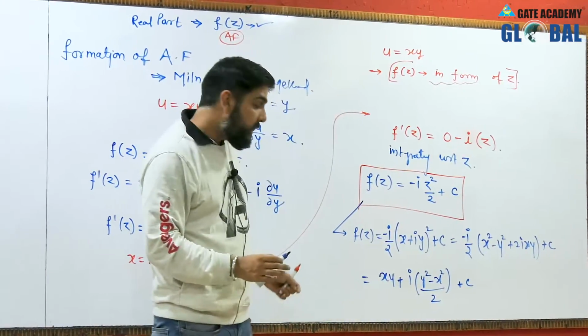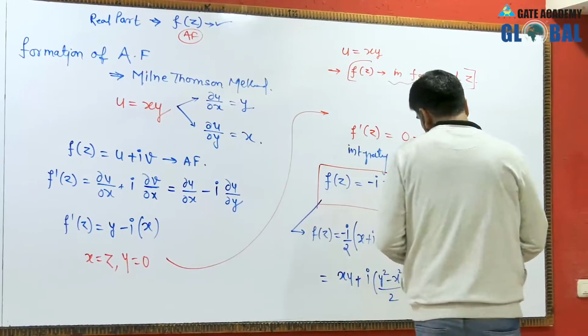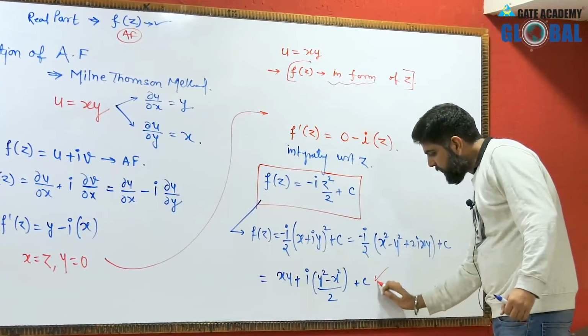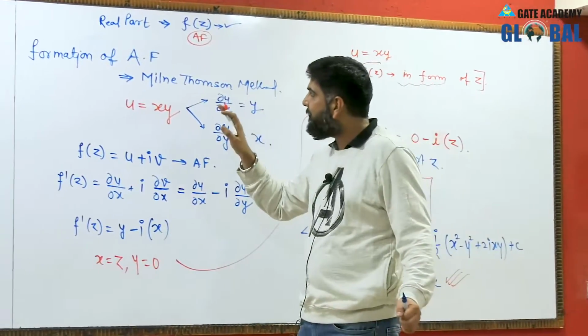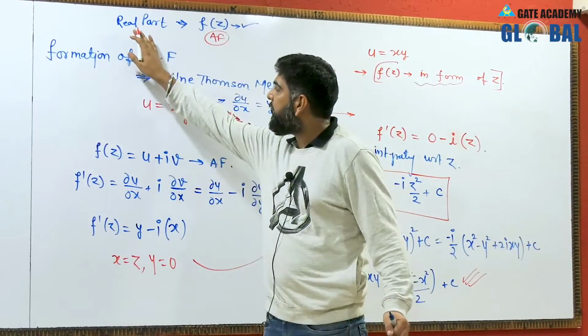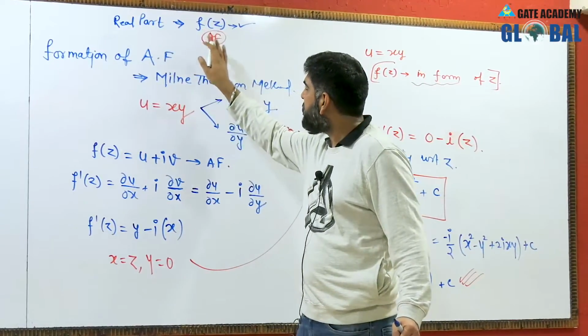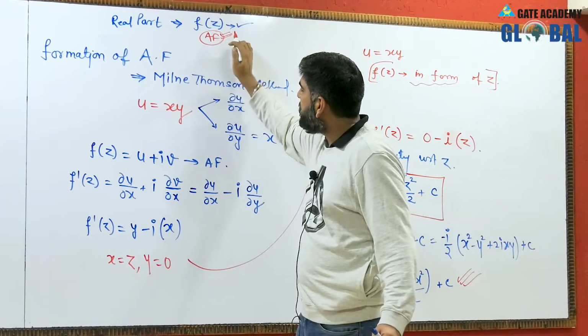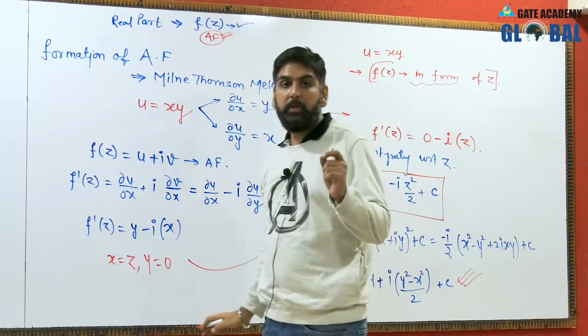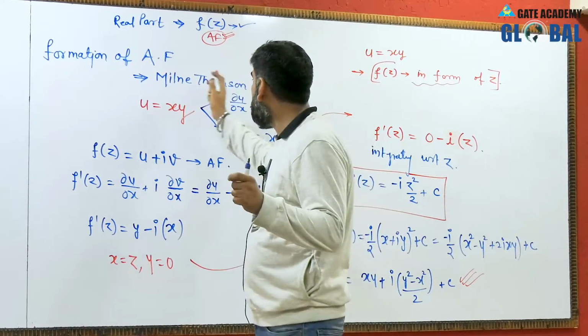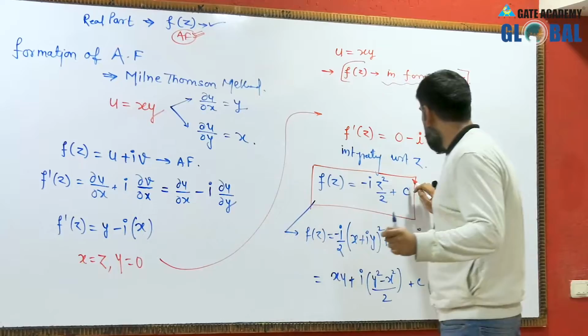You can see what I have done right now: I was taking the real part and I have changed the function. That means I am applying the formation of the analytic function. The formation of analytic function is nothing but the Milne Thomson method, and yes, I have the answer.